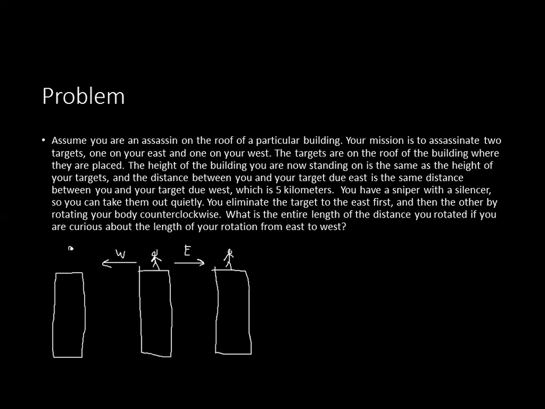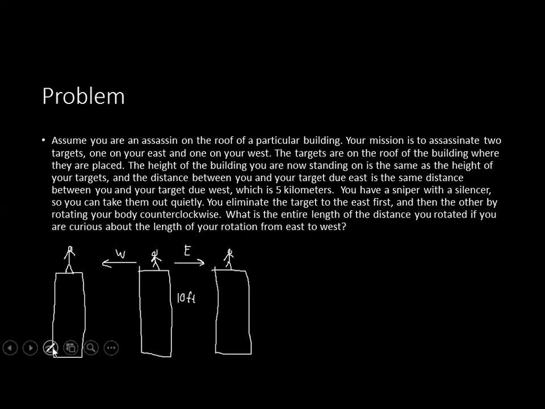So for example, if the building that you are on is 10 feet tall, then the two buildings here, east and west, are also 10 feet tall. All right? Now next, the distance between you and your target due east is the same distance between you and your target due west, which is 5 kilometers.